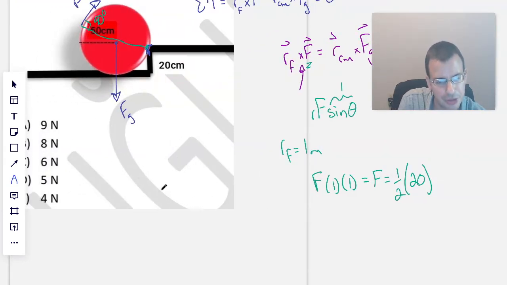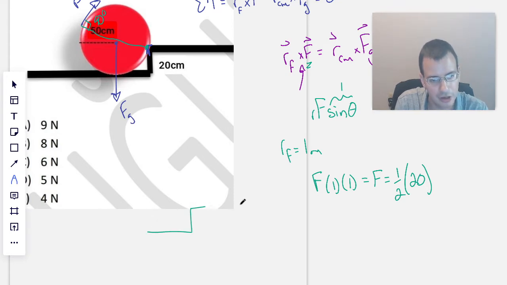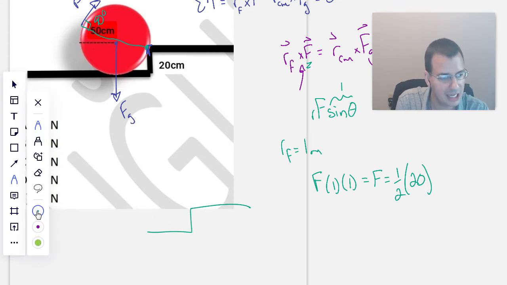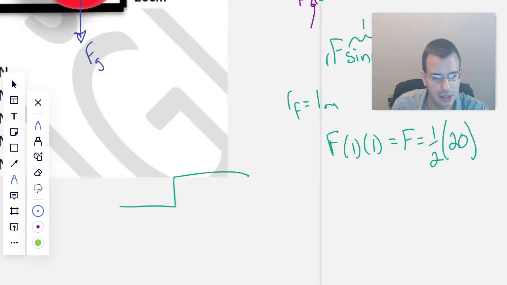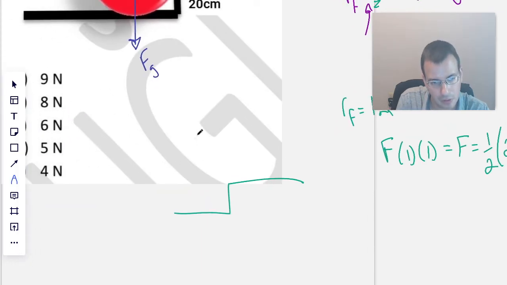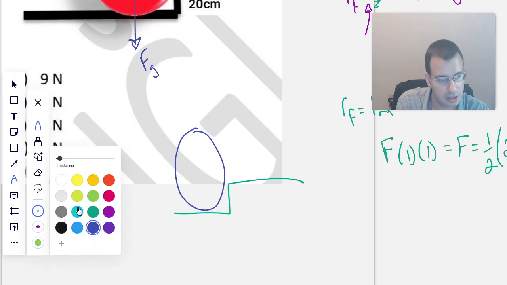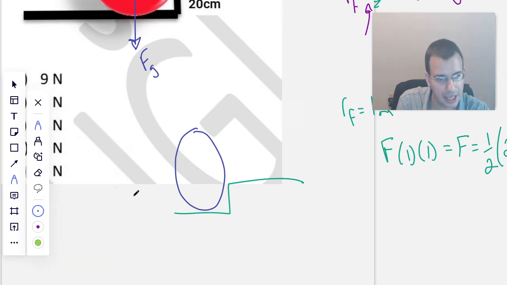So I'm going to redraw this picture right here, just to be a little bit more convenient, maybe slightly more to scale. So we have something like this. And this is 0.5, this is 0.2, which means this right here is 0.3.